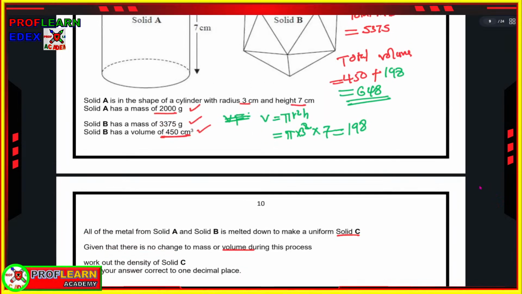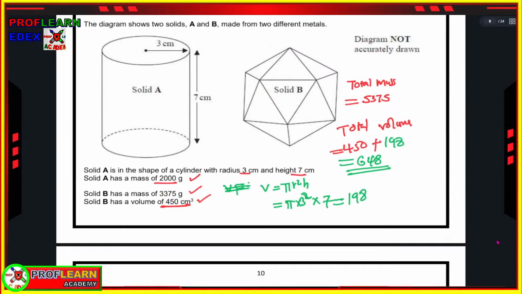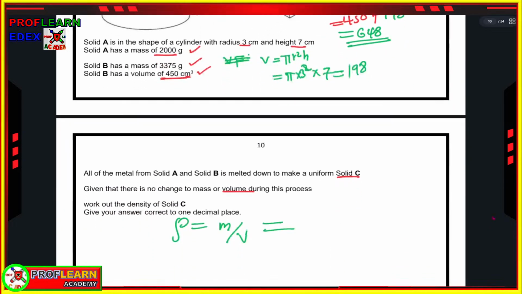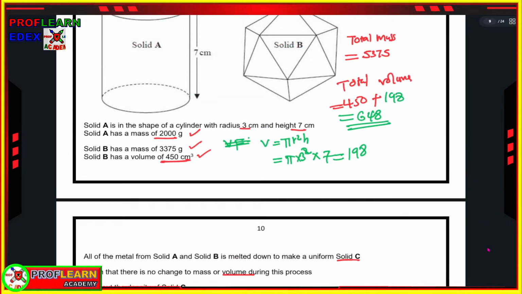Then density is equal to mass over volume in this case. So the total mass was 5375. Is it 5375? Yes.